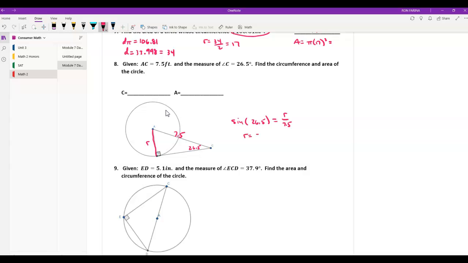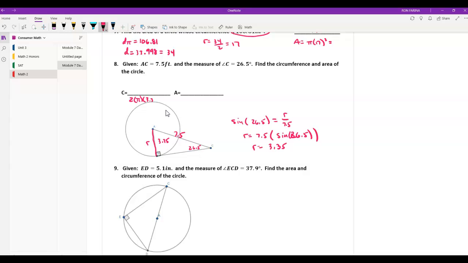So the radius is 7.5 times the sine of 26.5 degrees. Right away, when I multiply that out, you get the radius is about 3.35 units long.